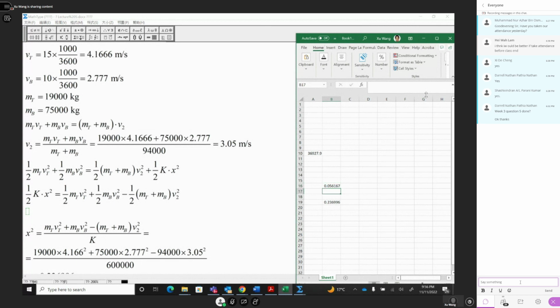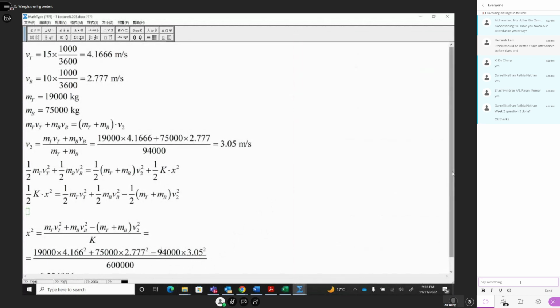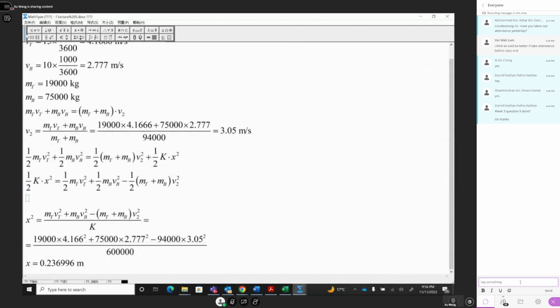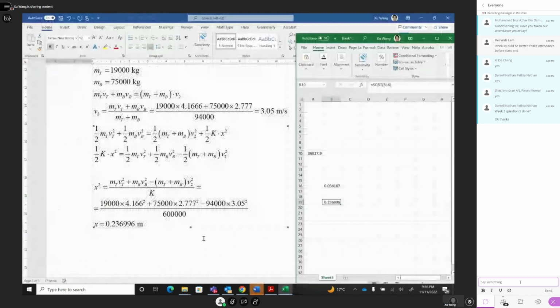This is your x squared, and then use the square root, because x squared equals this one. And the square root equals 0.23. That's why you get 0.23. See that? 0.23. Yeah, it's fine. That's a spelling mistake. I'm sorry about that.